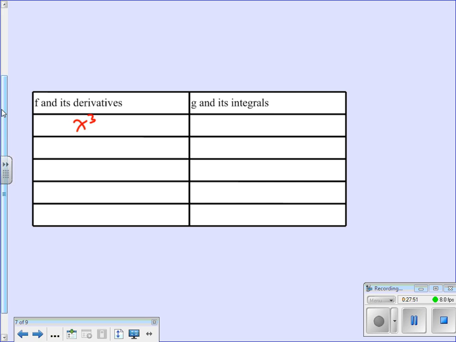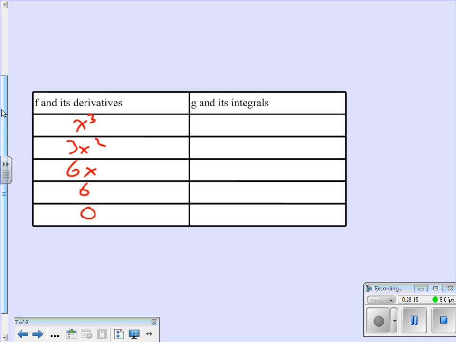That means we get 3x squared, the derivative of 3x squared is 6x, the derivative of 6x is 6, and the derivative of 6 is 0. Now we're done. How many of these you have depends upon the power. You start with the highest power of your polynomial.